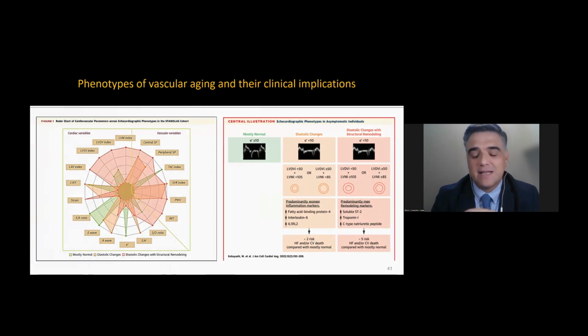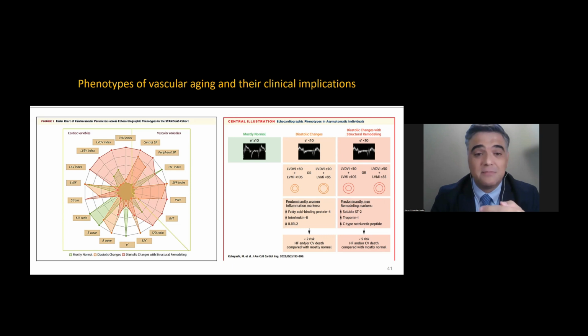And the same could be said in the Stanislas study that used different biomarkers, not only biomechanic biomarkers, but also molecular biomarkers to define 3 different clusters. And as you can see, pulse wave velocity was determinant in 2 clusters, the 2 clusters on the right hand of the panel, where you can see that the risk of developing heart failure and cardiovascular disease or cardiovascular death were significantly increased.